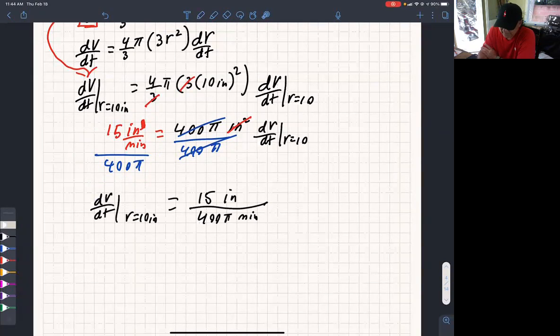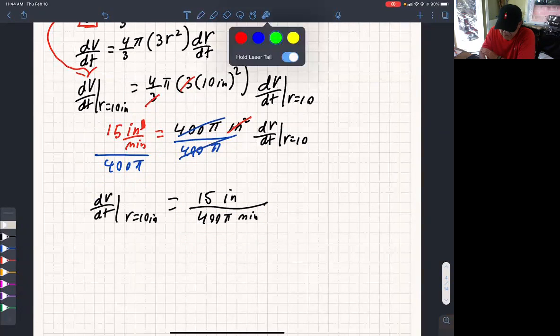Now, how did I get this? Well, 15 inches are on top, the minutes on the bottom, and that's on the bottom. Now, if that confuses you, when you divide a fraction by a fraction, you multiply by the reciprocal. So basically, we multiply by 1 over 400 pi. So all those are on the bottom, and all that's on top. Now, let's think logically.